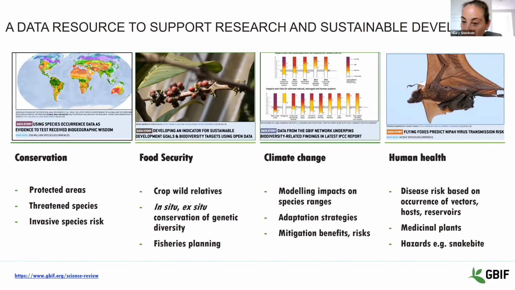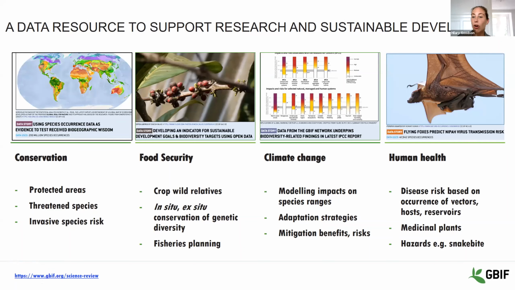Some examples here: conservation helps to identify the most important sites for protected areas by underpinning assessments of species extinction through the red listing process, tracking predicted spread of invasive alien species. It's supporting food security by mapping distribution of wild relatives of food crops and looking at location of genetic resources.